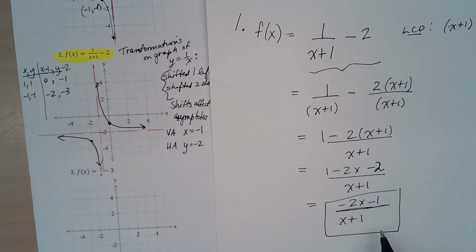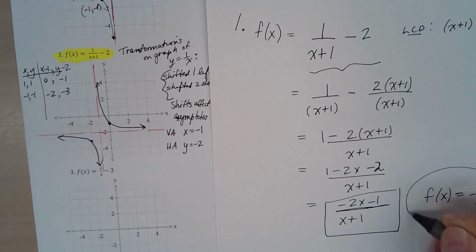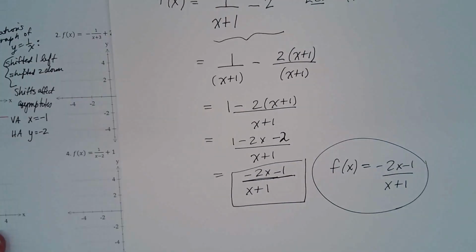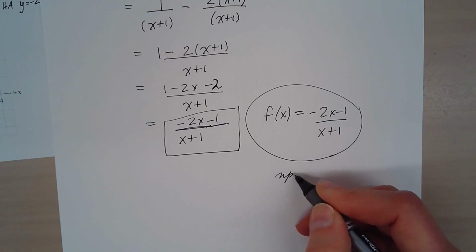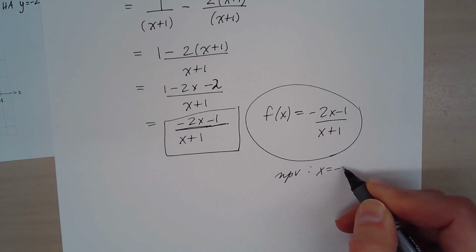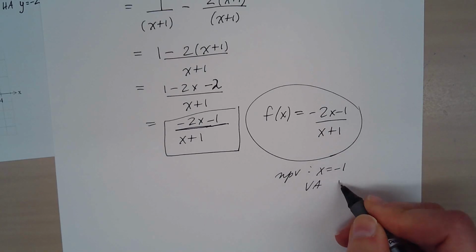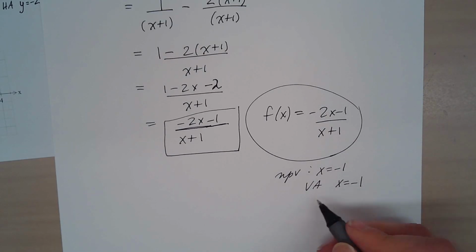But could you graph, what if I gave you this function to graph? What would you say to me that graph looked like? What are the key parts of this graph? Non-permissible value, x equals negative 1. Vertical asymptote, x equals negative 1.